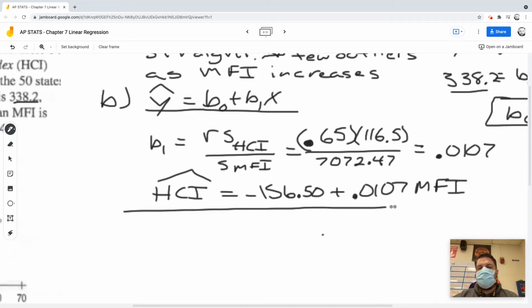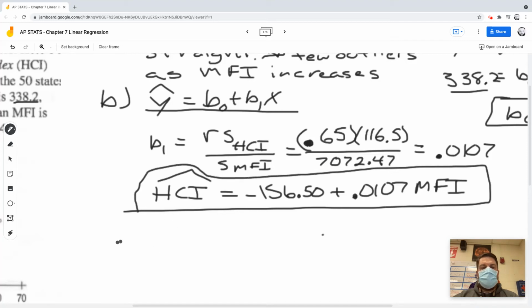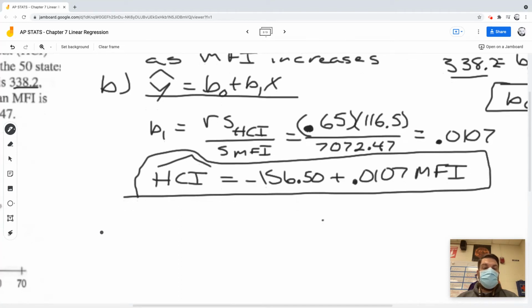And that is the actual equation. Okay, so that was a lot. That was for part B.